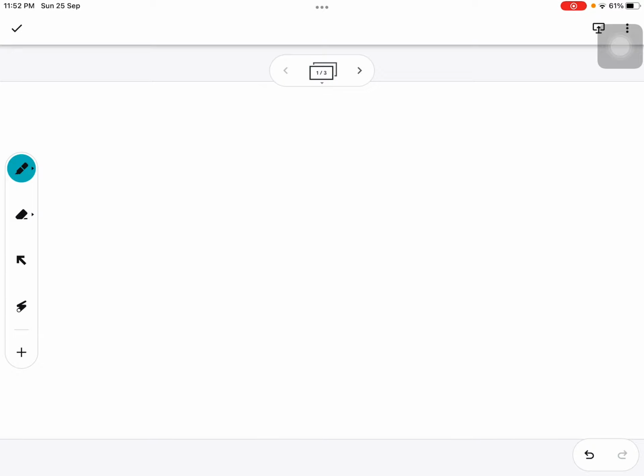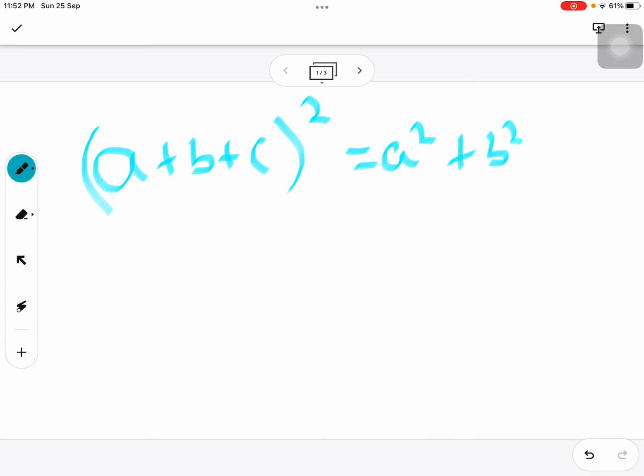Let's look at the next formula, a plus b plus c whole square. This is also very important. It will be equal to a square plus b square plus c square plus 2ab plus 2bc plus 2ca. This is a very confusing formula actually.